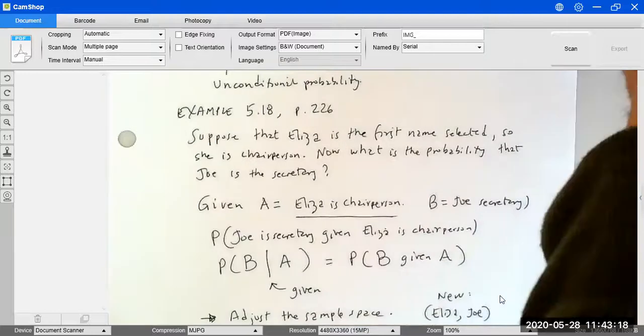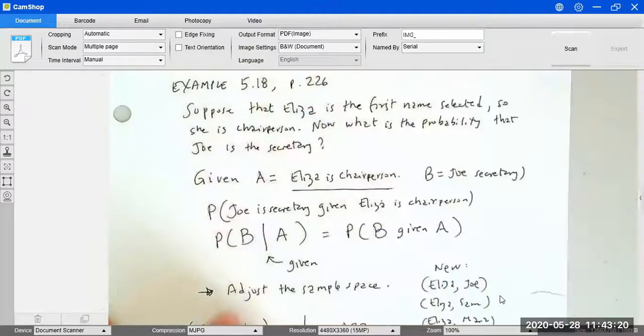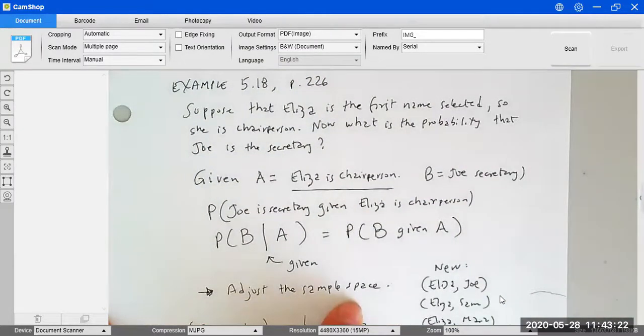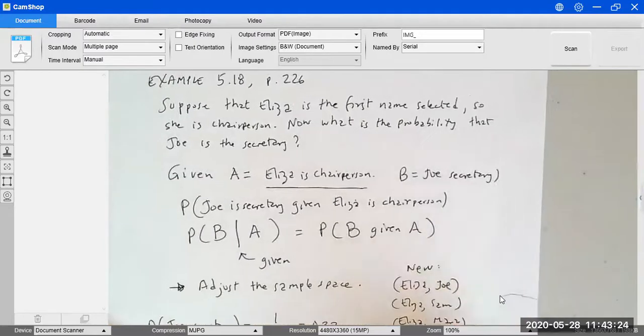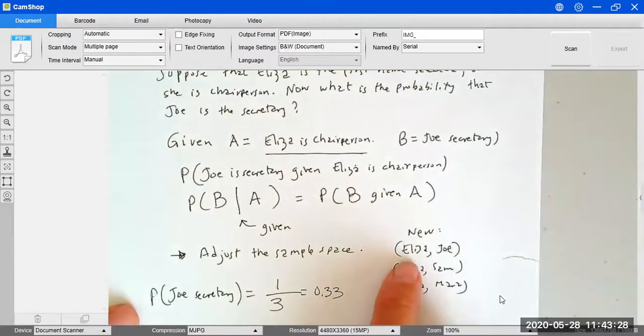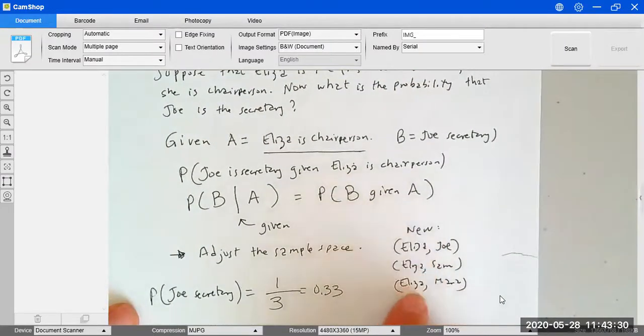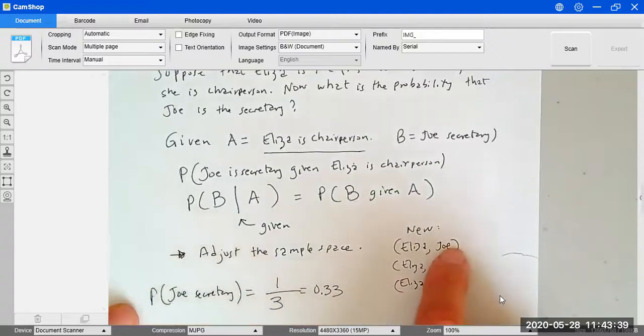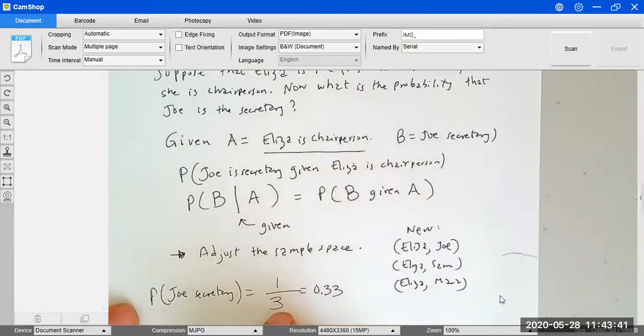The easiest way to solve this problem is to adjust the sample space. The new sample space, as I mentioned before when we were looking at the table, is Elisa being the chairperson and the other 3 people being the secretary. So now the probability of Joe being the secretary is just 1 case over 3 cases, so it's 0.33.